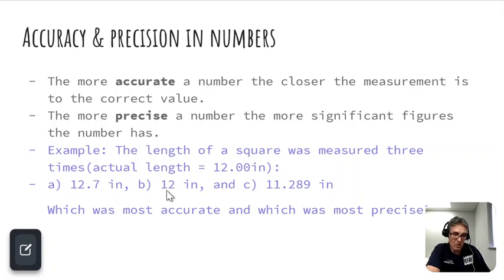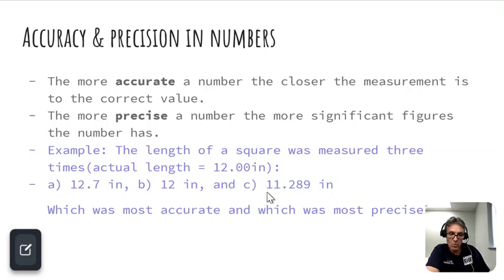Here we're just saying it's 12 inches. We're not saying that it's 12.1 inches or 12.5. We're just saying it's 12 inches. Not as precise as this one that's measured to the tenths, but it turns out to be more accurate than that one because the true value is 12.00. And one more measurement. This one says it's measured at 11.289 inches.